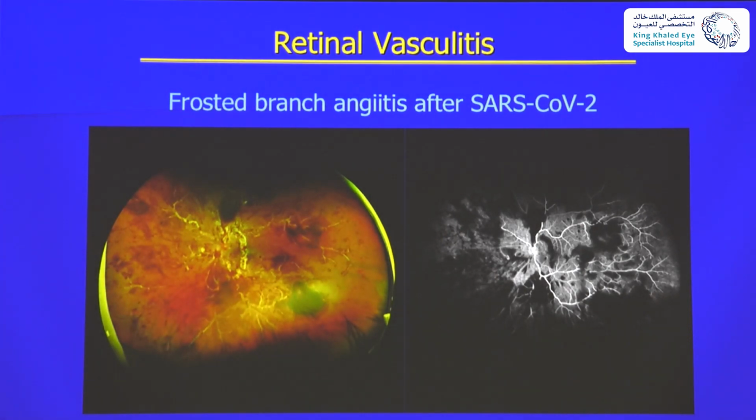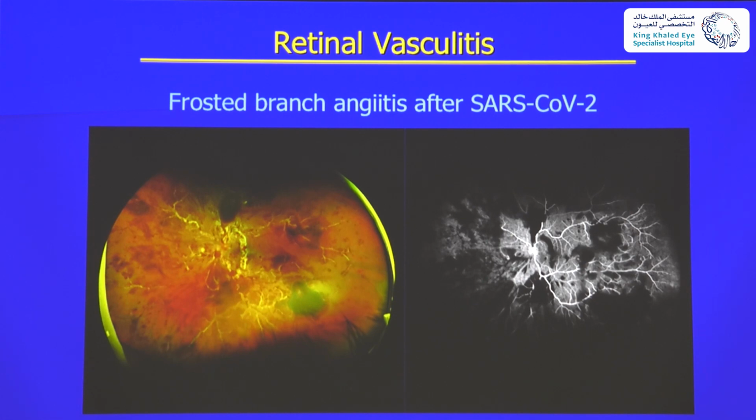And recently, my colleague, Dr. Belushi, admitted one patient with frosted branch angiitis after COVID-19 infection. As you can see here, there is extensive vascular sheathing. In fact, I reviewed two papers in Ocular Immunology and Inflammation.